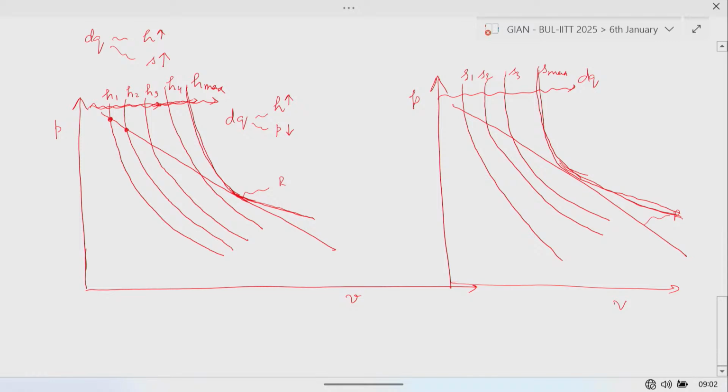Is that clear? So pressure goes from here to here, because it goes from H1 to H2. This is the drop in the pressure. Further addition of heat will cause the pressure to decrease further. Now the same effect you also see here. The addition of heat will cause enthalpy to increase, the entropy to increase, and the static pressure to decrease.